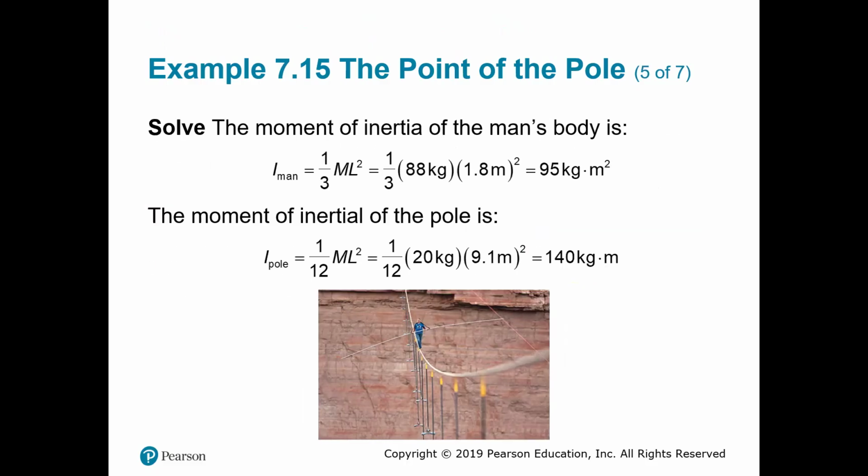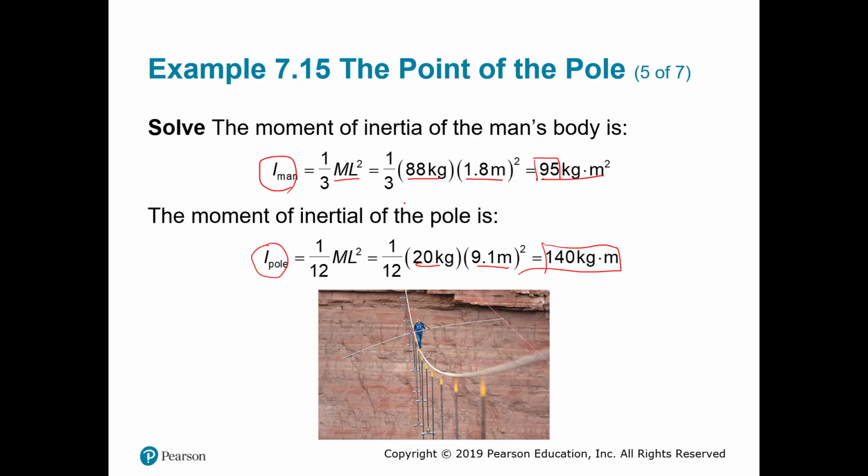The moment of inertia of the man is 1/3 m L squared, which is 95 kilogram meter squared. The moment of inertia of the pole, 1/12 m L squared, is 140.